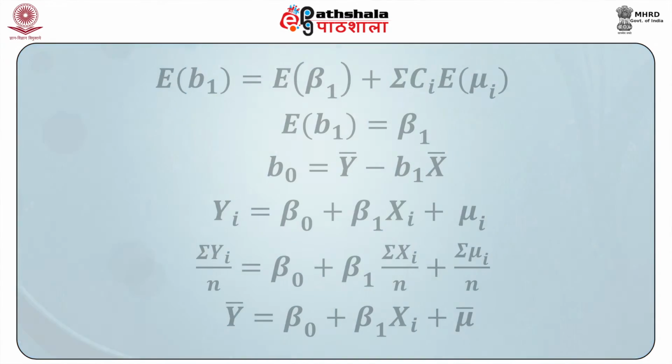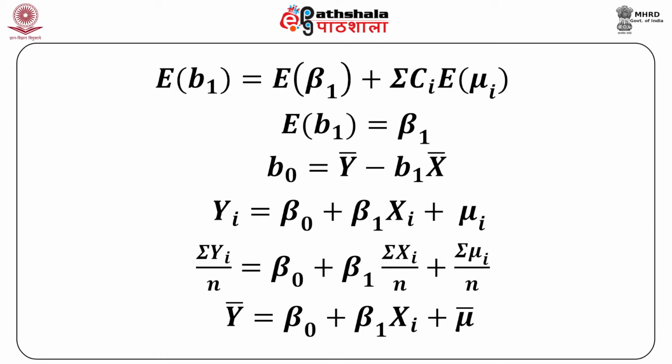Further taking expectations of both sides, expectation of B1 is equal to expectation of beta 1 plus summation Ci expectation of mu i, as Ci is constant, but expectation of mu i as per the assumptions of the linear regression model is 0. Expectation of B1 is equal to beta 1. Hence, B1 is an unbiased estimator of beta 1.